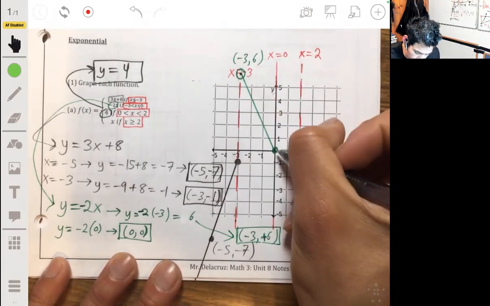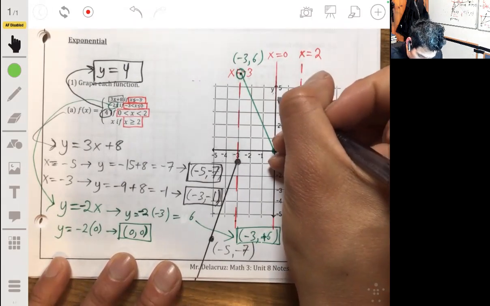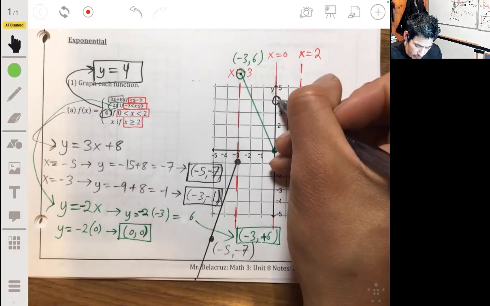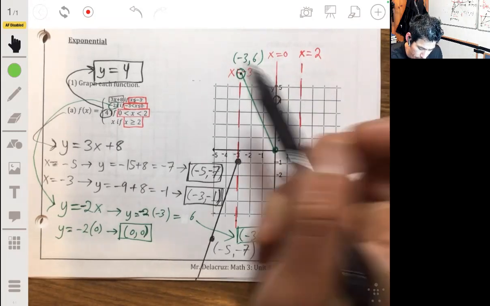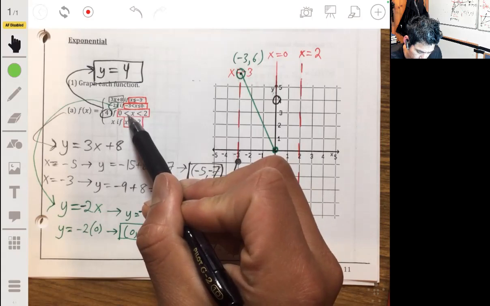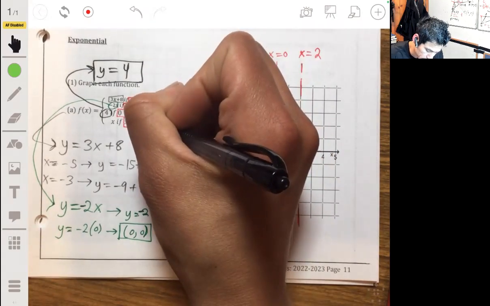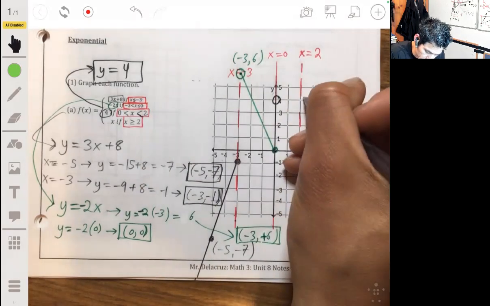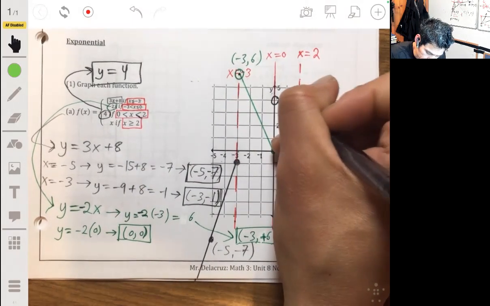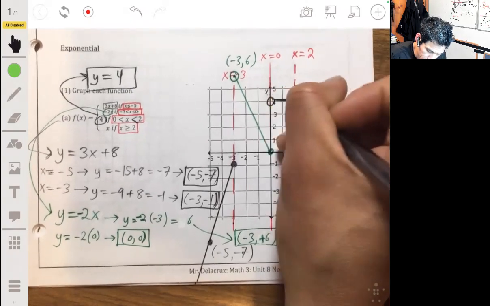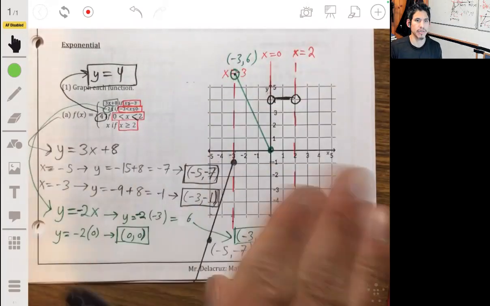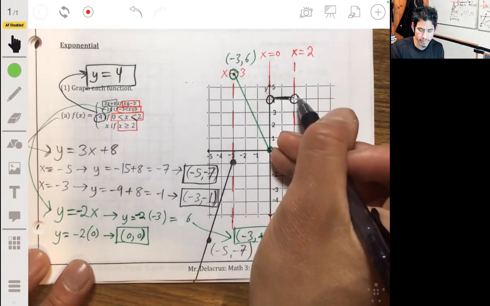On the left, we already have our solid dot, so we're going to put an open circle at 0, 4. And we're going up to 2, but we're not including 2 because we're saying x is less than 2. So another open circle at 2. And that's our graph. Y equals 4, the horizontal line. Looks kind of funky, but it's all right.